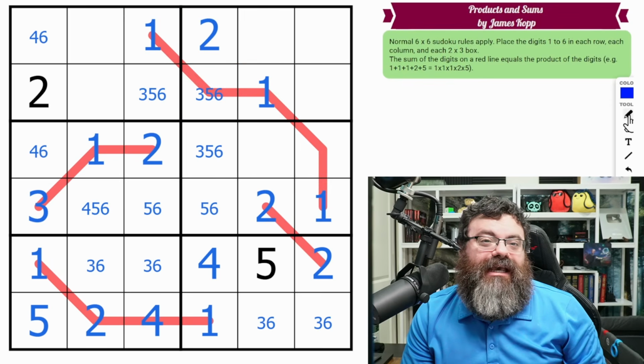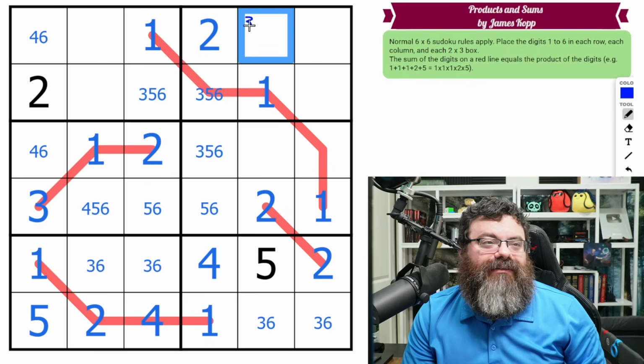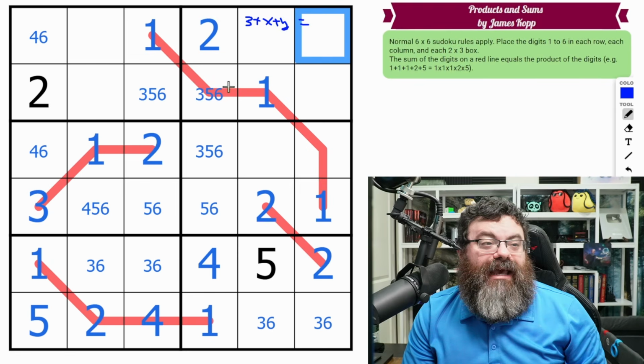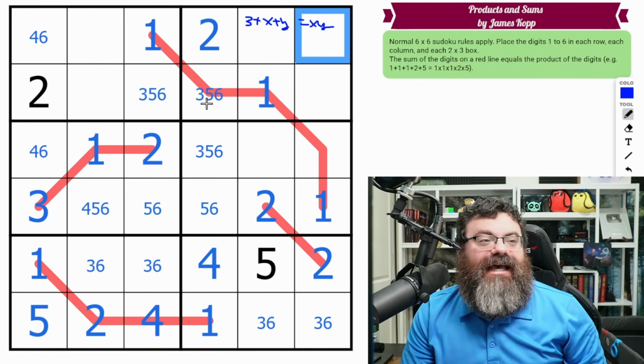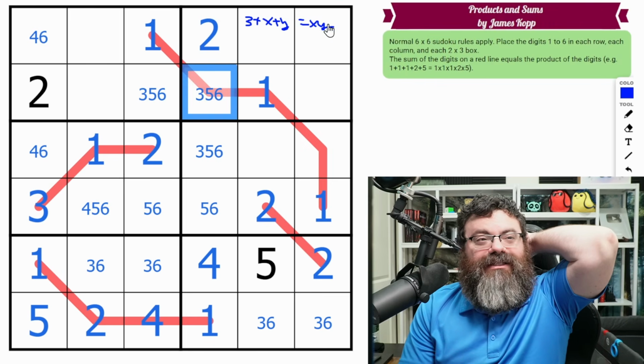So there has to be another option. So basically what we're saying is that the 3 1s give a sum of 3, plus x plus y. If we make this x and that y, that's going to equal x times y. And so what we can do is just test the 3, 5, and 6 as our x, and then see what works for y.